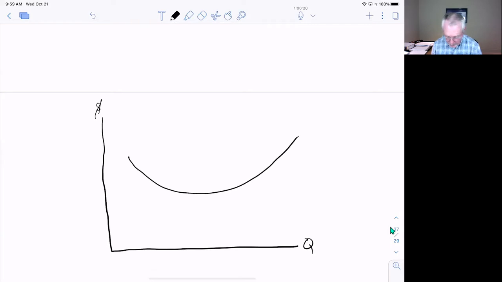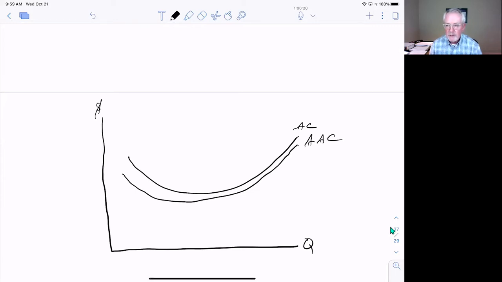So here's my average total cost curve. Here's my average avoidable cost curve. These curves get closer and closer together because this vertical distance, which is average sunk fixed cost, decreases as Q increases, because sunk fixed costs are constant, and as Q increases, then the average falls.